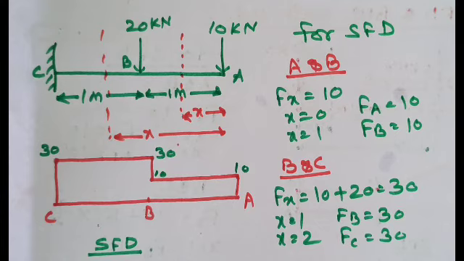So I have taken the example: we have a cantilever ABC of length 2 meter. 2 point loads of 10 kilonewton and 20 kilonewton are acting at points A and B. While we take the example of a cantilever, we need not determine the value of reactions.